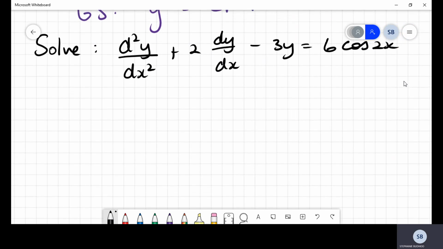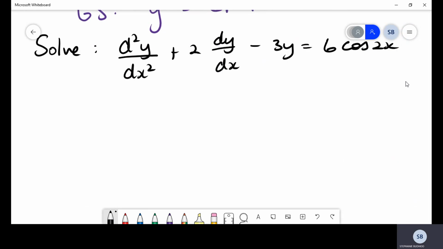Our first step towards getting that complementary function involves identifying our auxiliary equation as it's related to the left-hand side of our equation. Our auxiliary equation for this question is m squared plus 2m minus 3, and we are going to set this equal to 0.